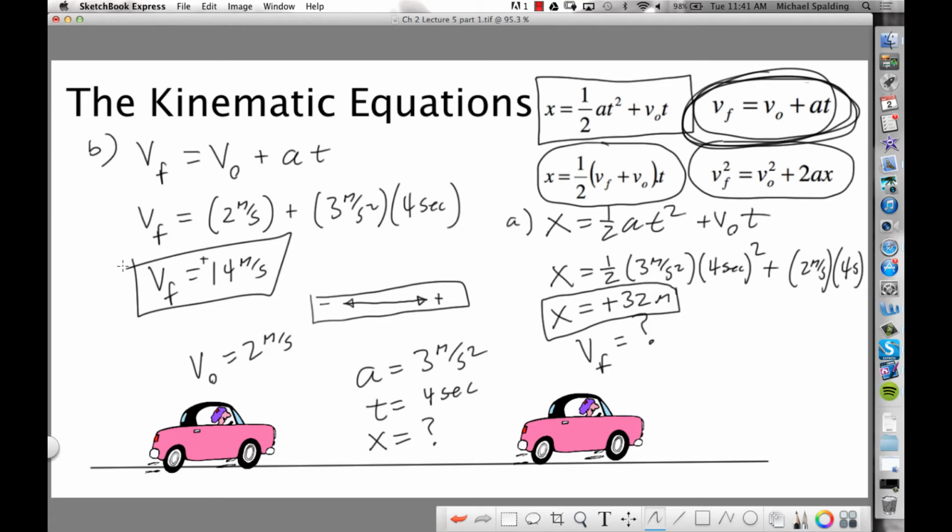If the acceleration changes, there's something you have to do. Can anybody tell me? What do you do if the acceleration changes from one constant acceleration to a new constant acceleration?